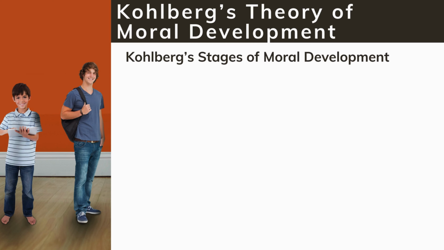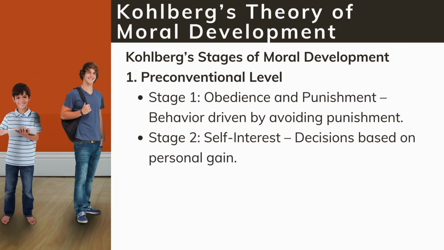Kohlberg's theory consists of 3 levels, each with 2 stages. Pre-conventional level during childhood. Stage 1 is obedience and punishment.